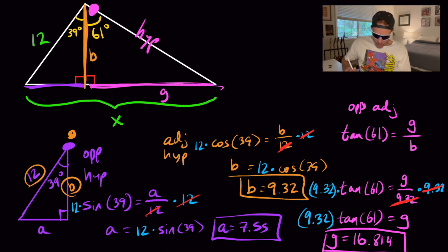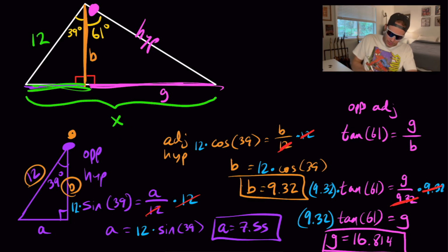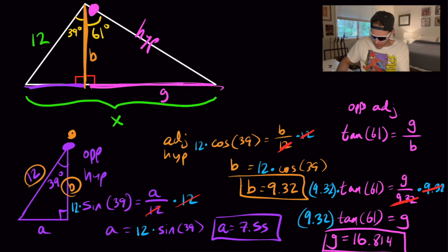So now, remember, the original problem is asking us, hey, solve for x. And we really need to figure out the purple and pink legs, what those lengths are. And we found it. So remember, we called this over here A. So x is equal to A plus G. Well, what's A plus G?